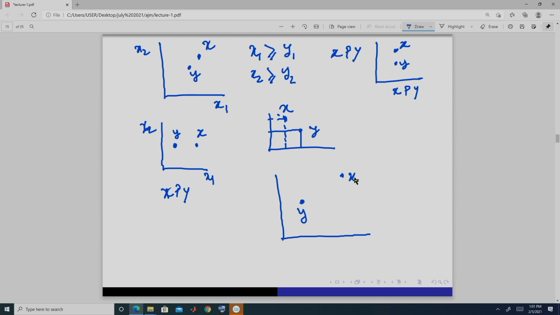From monotonicity we know that x is always preferred to y, because x1 is greater than y1 and x2 is greater than y2 in this case. Now if we have a bundle z which is close to y, then since x is preferred to y, x will be preferred to z also.